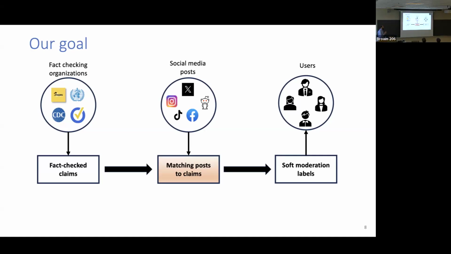Ideally, we want to do that as granularly as possible. So we want to identify the specific claim that is false instead of just a broad topic. What Twitter used to do during COVID, any post mentioning COVID would get a label, including posts from health authorities, including posts that were unrelated, posts that did not contain misinformation.